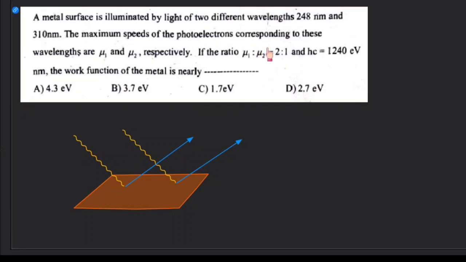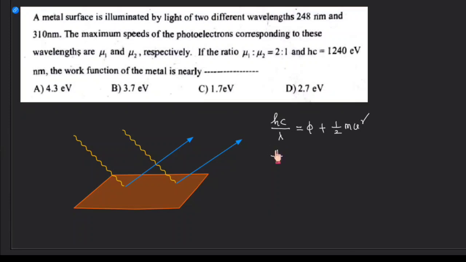So here for the work function, we use the Einstein equation, right? From the photoelectric effect, it can be written as hc by lambda equal to phi plus kinetic energy, half m v square.